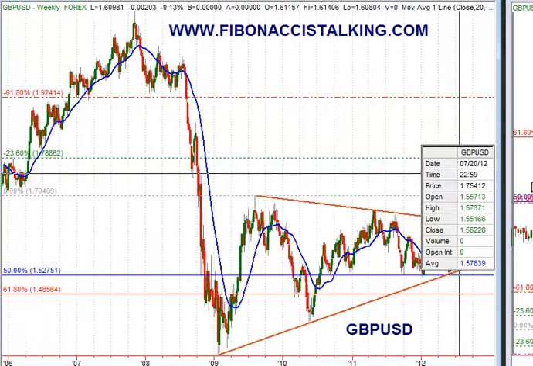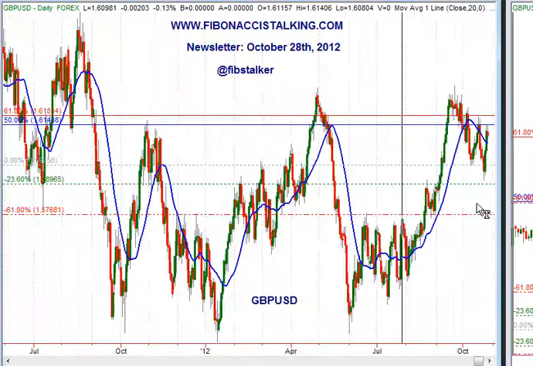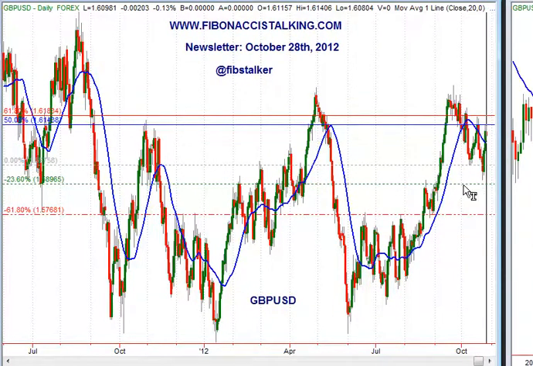If the dollar will be weak as we expect in the next months, it has a target in the 178.90 area.